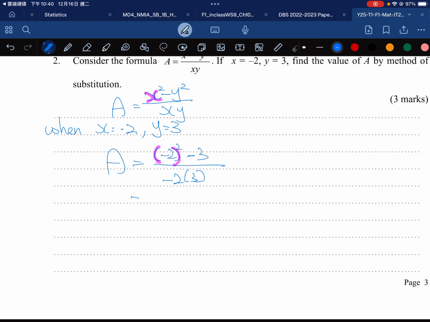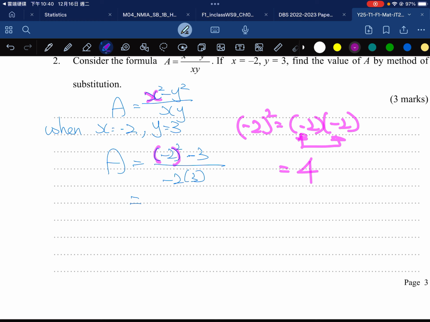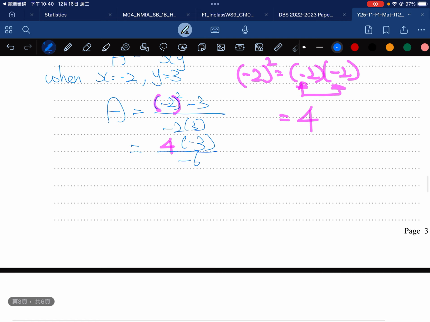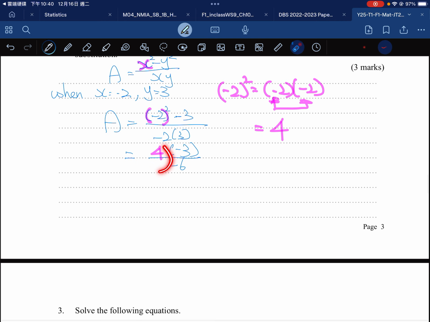So minus 2 times minus 2. I write here, minus 2 squared is equal to minus 2 times minus 2. Because we have two negative signs, when they are multiplied by each other, it will become positive. And positive 2 times 2 is 4. So we have 4 here. And then minus 3 over minus 6. When we focus on the numbers here, it is equal to 4 over 2. And finally, the answer is 2.